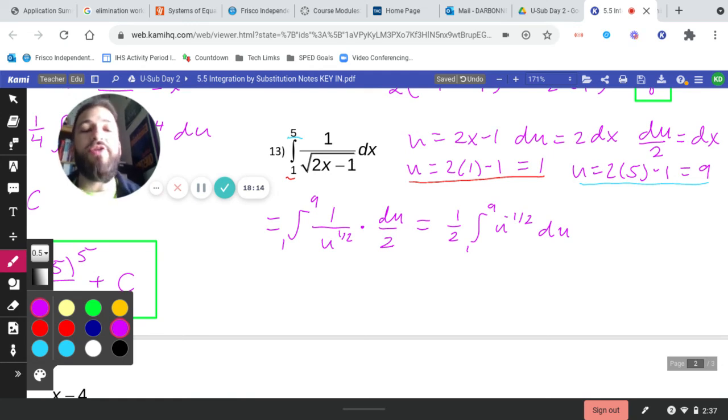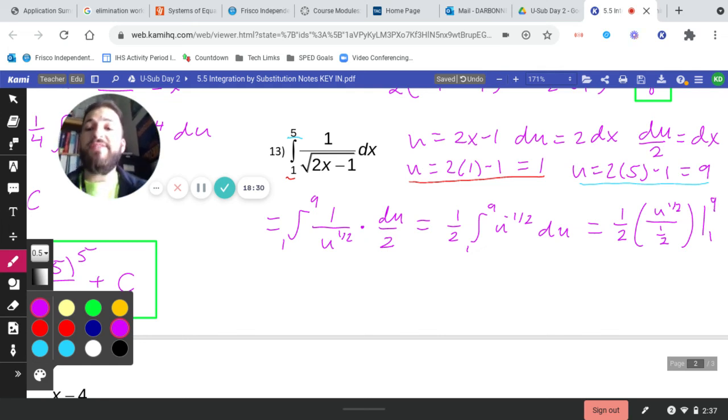Let's keep working. So the integral of u to the negative 1/2, add 1/2, divide by the new power. So this becomes 1/2 u to the 1/2, divide by 1/2, and we're evaluating it from 1 to 9. Now, fun fact, you can actually simplify your constant that's being multiplied outside before evaluating your integral.